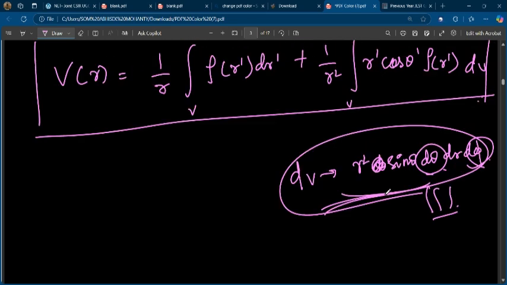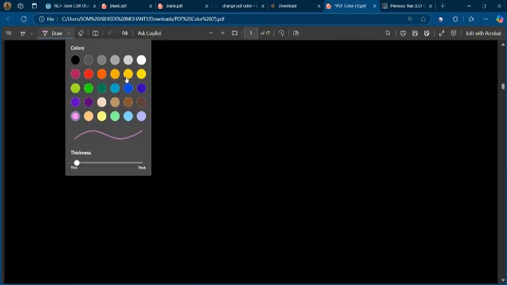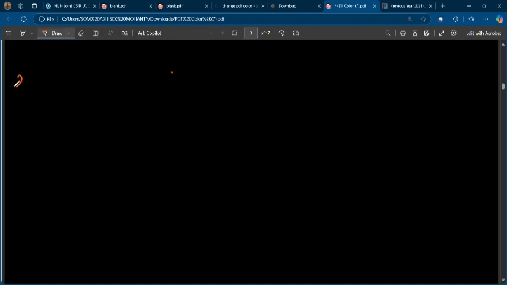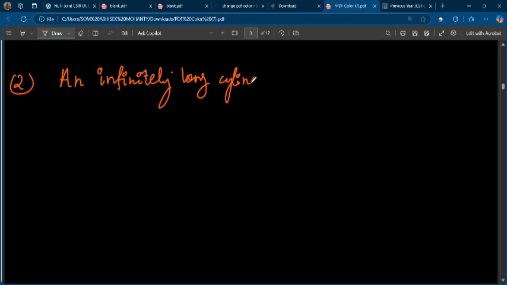Next question. Question number 2. An infinitely long cylinder of radius R has uniform volume charge density.